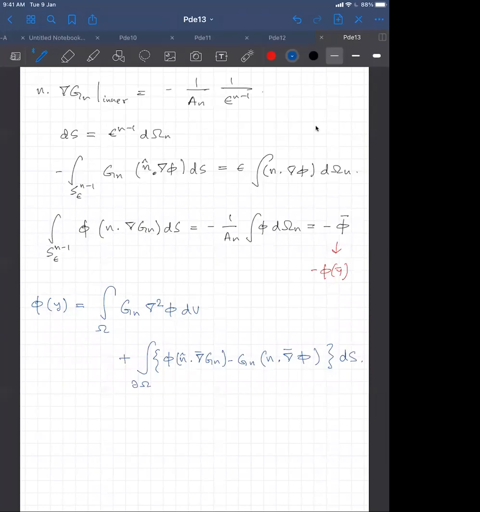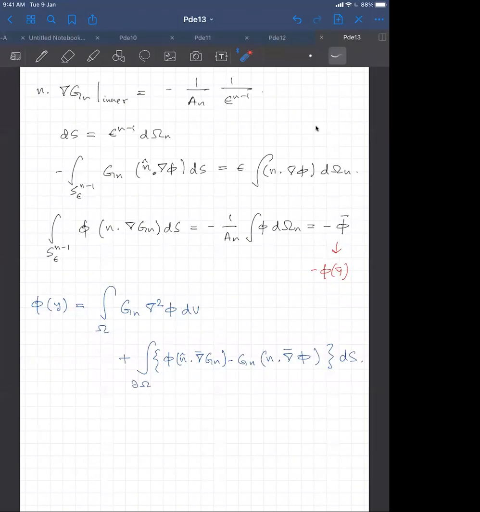this is our new form of Green's second identity involving Gn, where now we take the boundary of omega, this del omega, just to be the largest sphere, since we have shrunk the radius of the inner sphere down to 0.